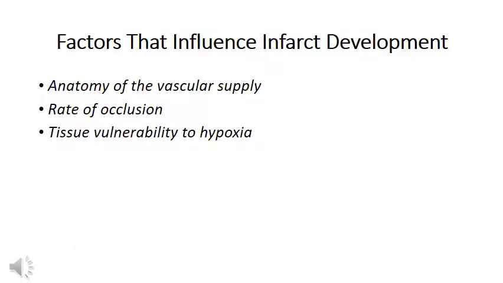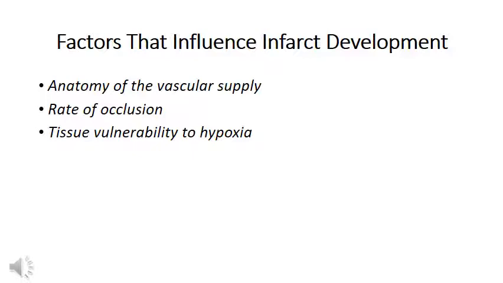There are three major factors which can influence the development of infarction. First of all, what is the first factor? Anatomy of the vascular supply, which can influence infarction. On the other hand, rate of occlusion, speed of thrombosis, speed of embolism is another factor.